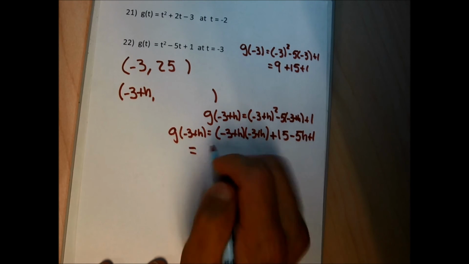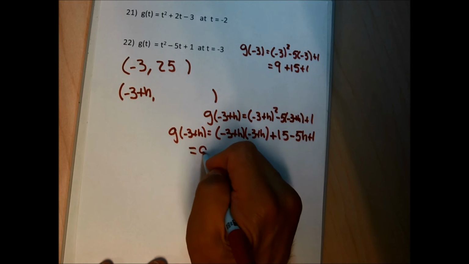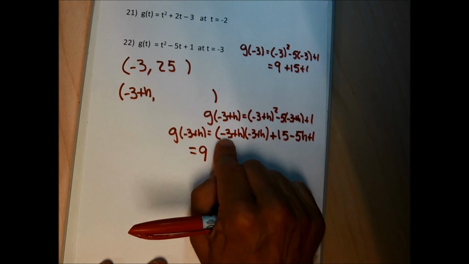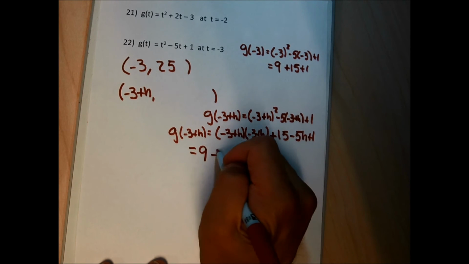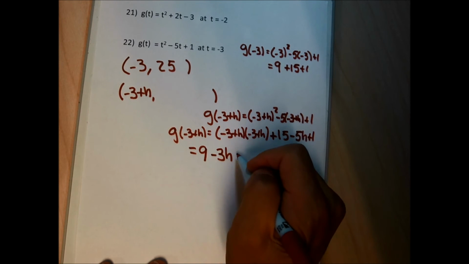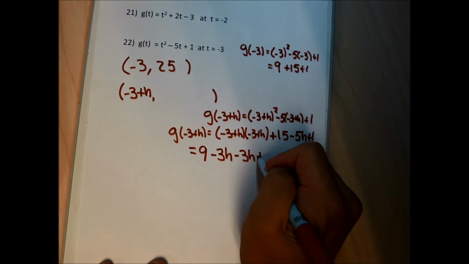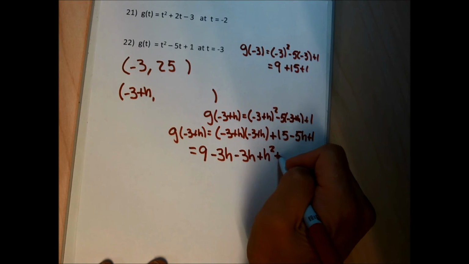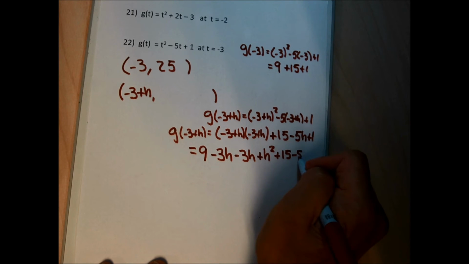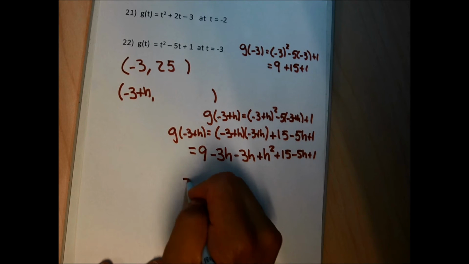Now I'm going to FOIL this. Firsts are negative 3 times negative 3, which is positive 9. Outers are negative 3 times positive h, which is negative 3h. Inners are h times negative 3, which is negative 3h. Lasts are h times h, which is h squared. Now I'm going to write it in a nice order and combine like terms.